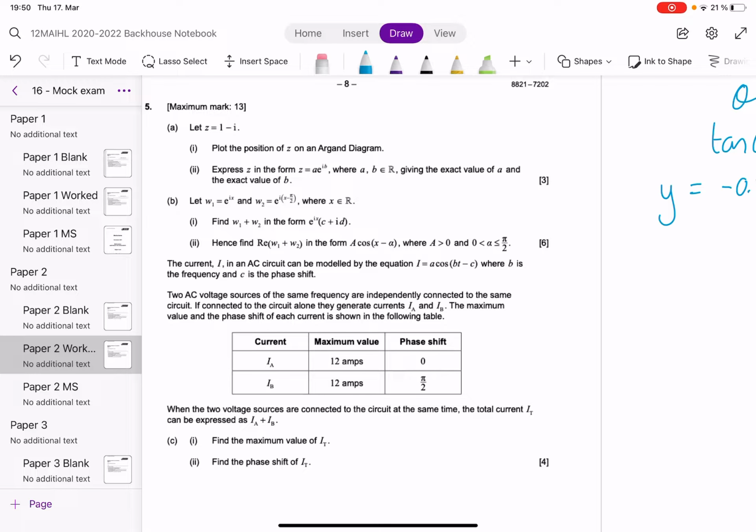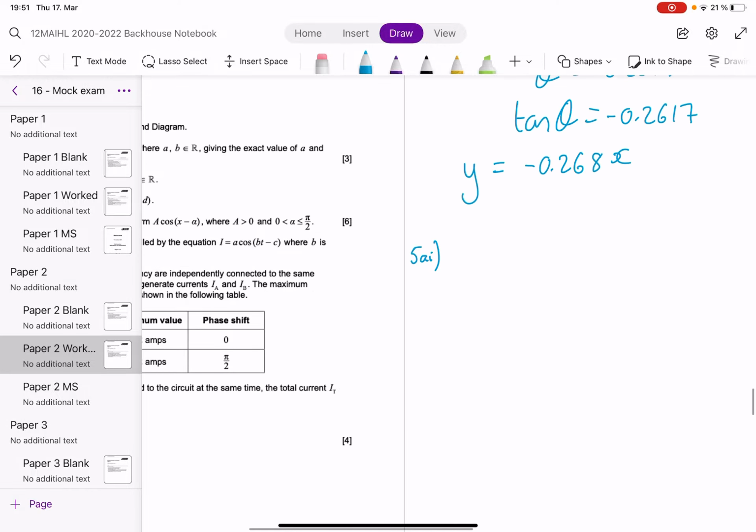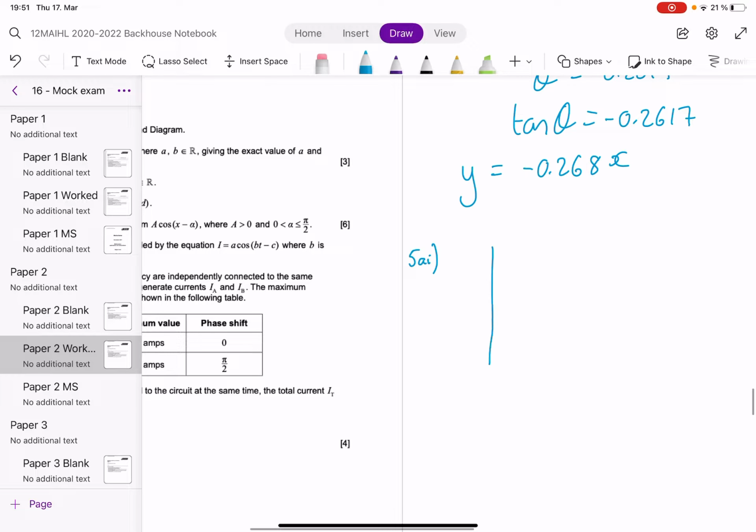5A should be straightforward. It was plotting the position of Z on an Argand diagram. An Argand diagram is a way of showing our complex numbers on not a number line anymore, but a two-dimensional space. So we have a real and an imaginary axis. The real one is here.